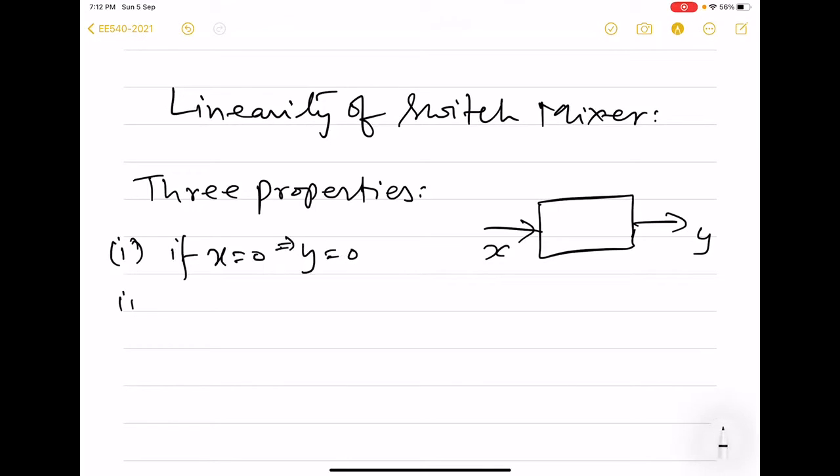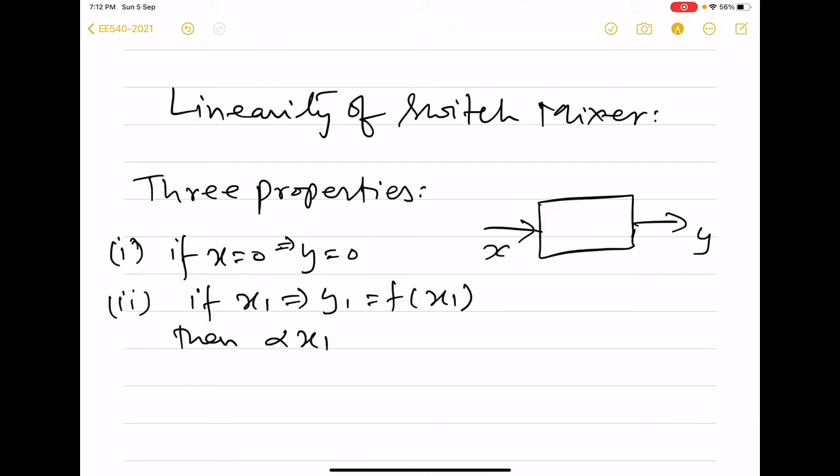Second is if X1 input implies Y1 output, which we'll call f of X1, then scaling this input should imply a scaled up version of output.